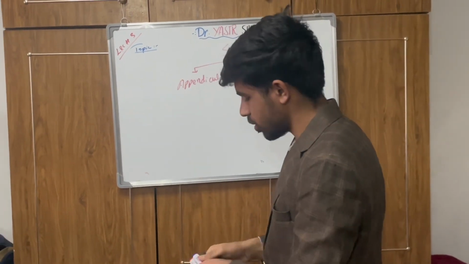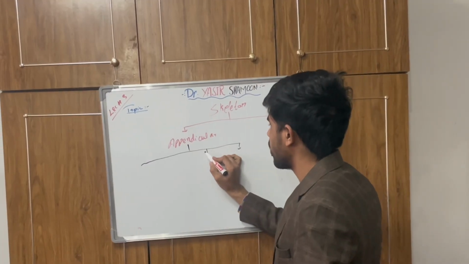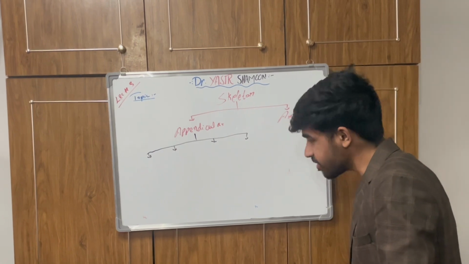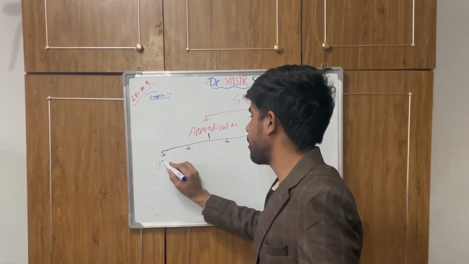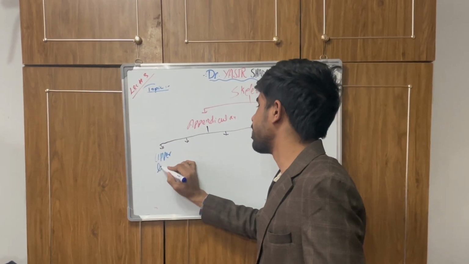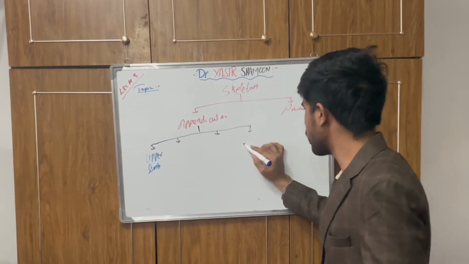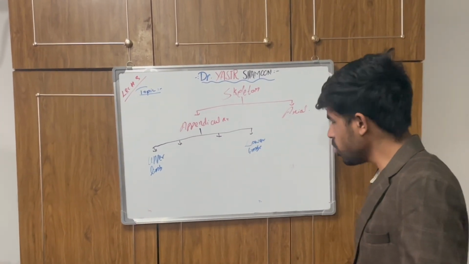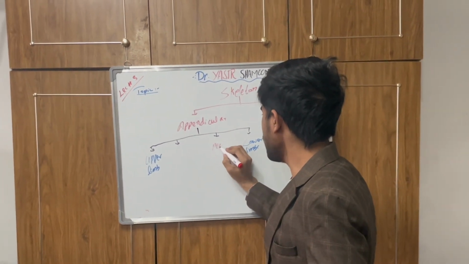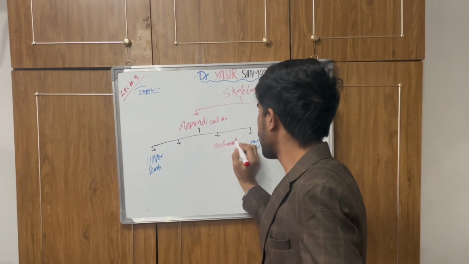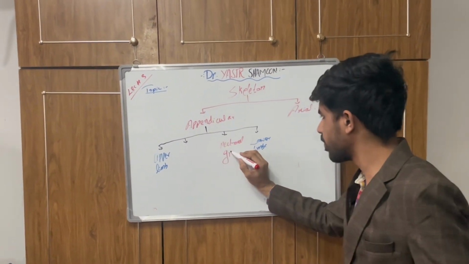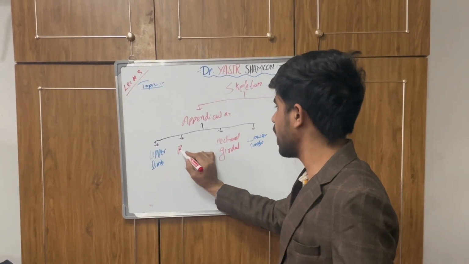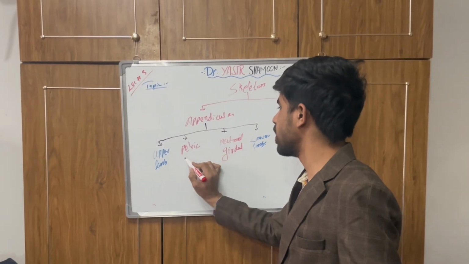There are 4 parts of the appendicular skeleton. First is the upper limb, second is the lower limb, third is the pectoral girdle, and fourth is the pelvic girdle.